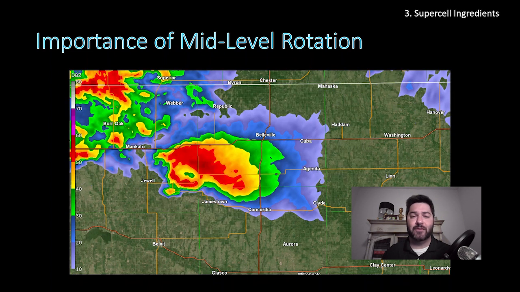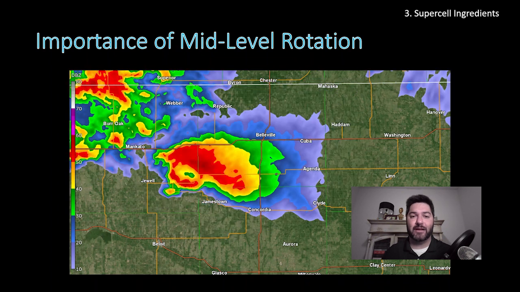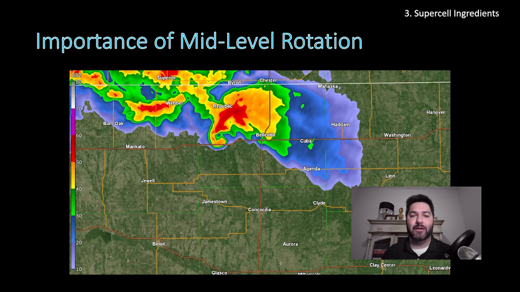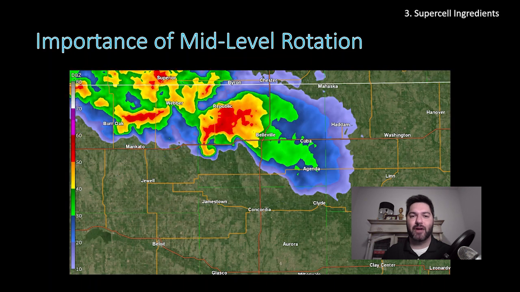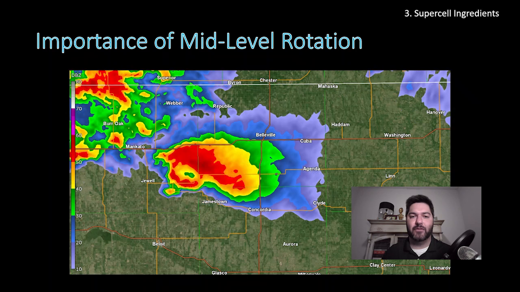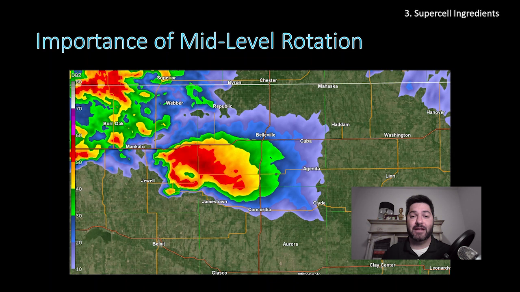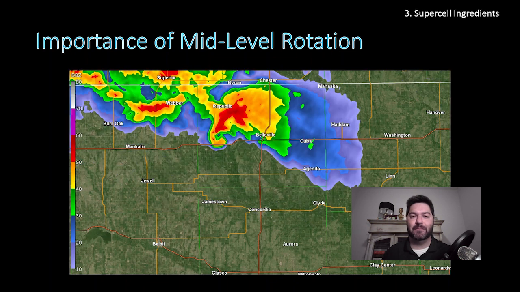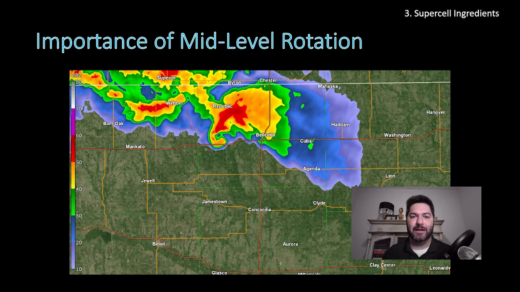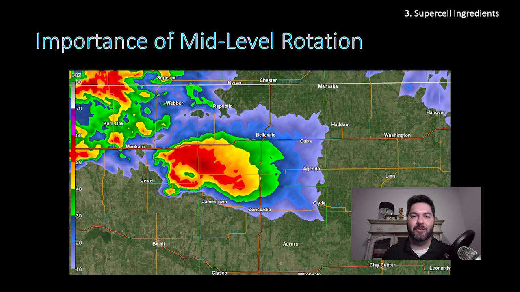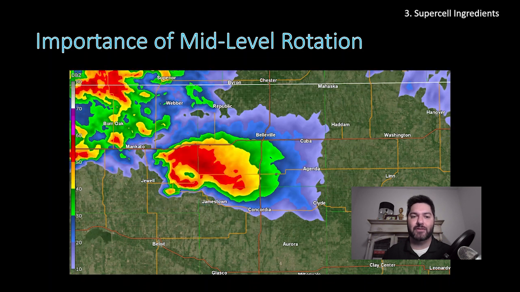So the surface layer had already cooled and the CAPE had already lowered and the cap had already increased. But because the rotation was so strong in the supercell, it actually kept the updraft near the surface of the ground, moving right into this thunderstorm in a way that could keep the storm going. So basically, the supercell's rotation acted like a big vacuum cleaner and kept lifting parcels in spite of the thermodynamic tendency otherwise. So that's why mid-level rotation is important.